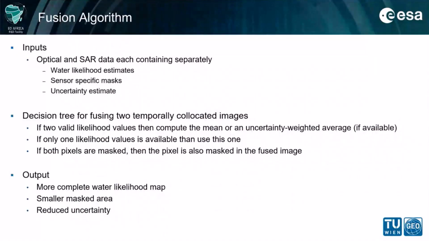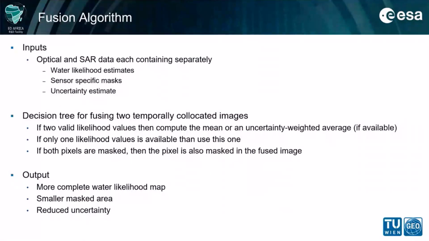Yeah, and then if you, for example, have one image from Landsat and one image from Sentinel-1, you could then make a decision tree to merge the two images if they're temporally close enough to have a meaningful fusion of the two data. And then you could say, well, if I have in both images valid likelihood values, then I simply compute the mean of those two likelihoods, or I do an uncertainty weighted average.